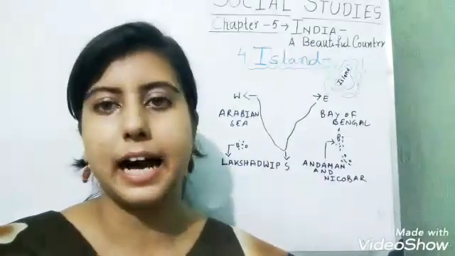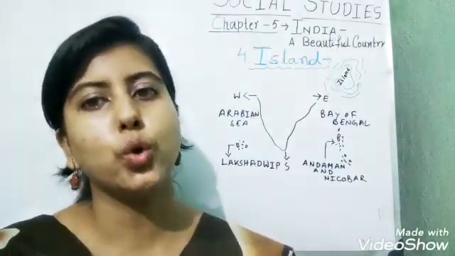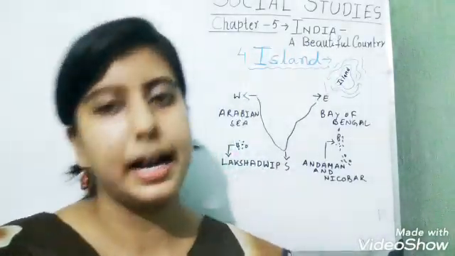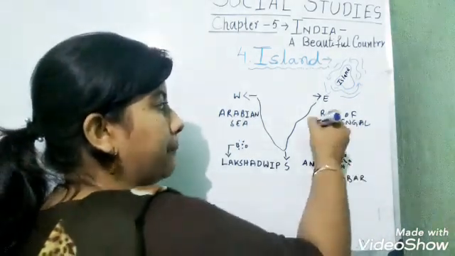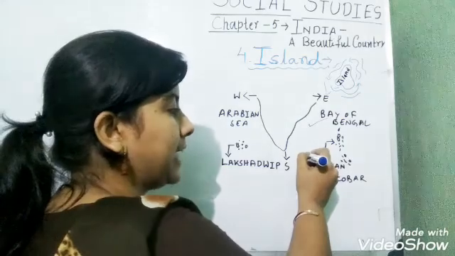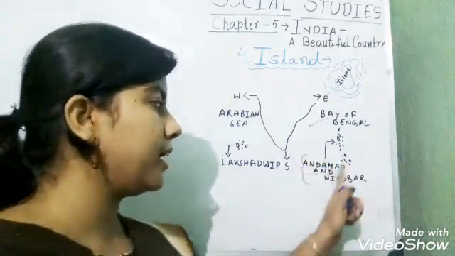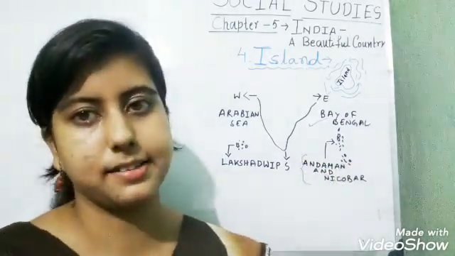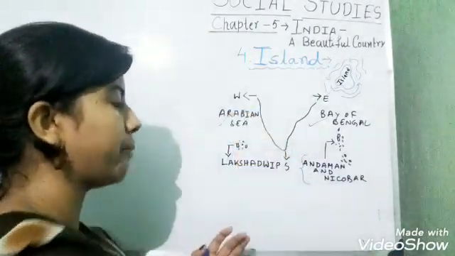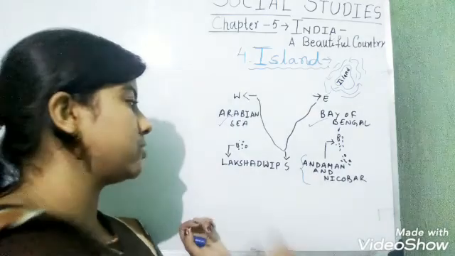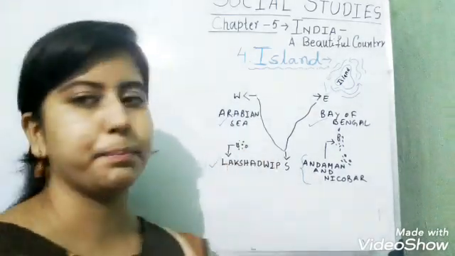Now in India, we have two kinds of islands. The first one is in the Bay of Bengal, that is Andaman and Nicobar Islands. And the second one is in the Arabian Sea, and that is called Lakshadweep.